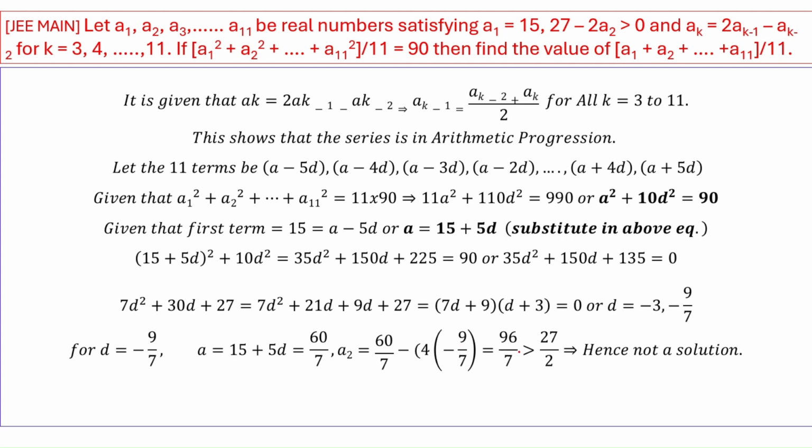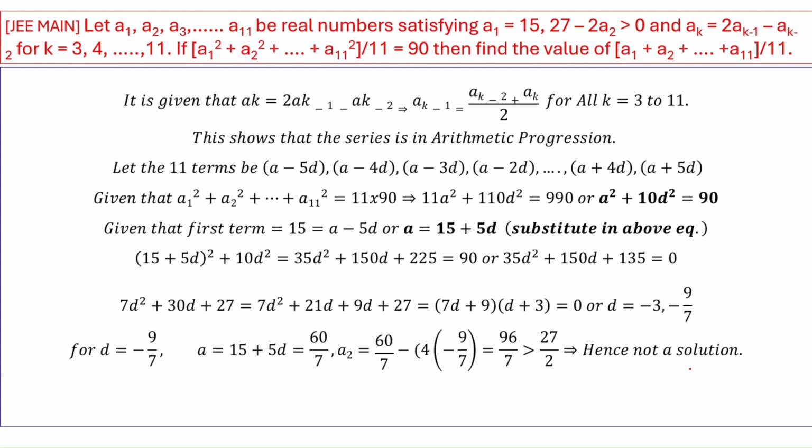Minus 4d, which is equal to 96/7. That is more than 27/2. If I see this value here, a2 should be less than 27/2, but it is coming more than 27/2, so this is not a solution if you take d as -9/7.